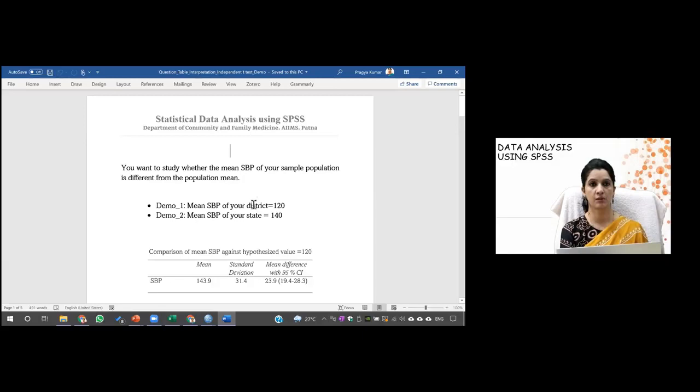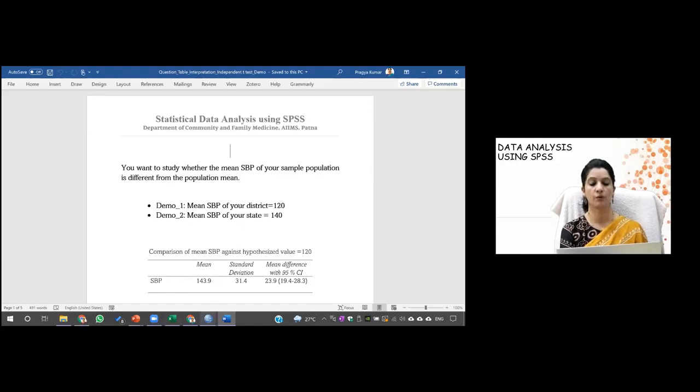The mean systolic blood pressure of my district is 120 and the mean systolic blood pressure of the state is 140. I have to check whether the sample mean is different from the population mean or not. So this is the question.